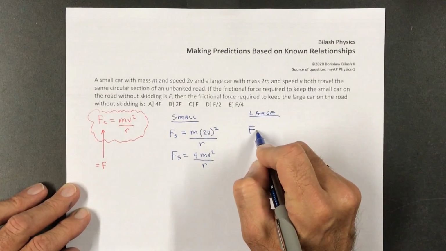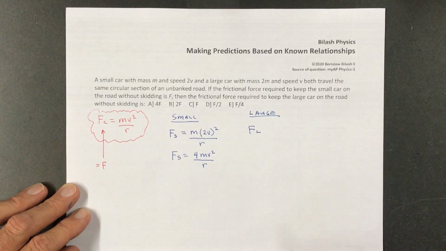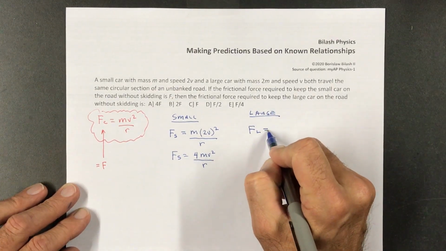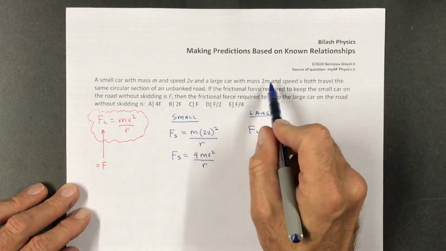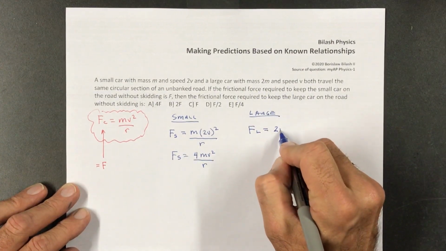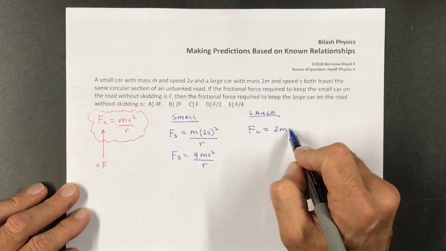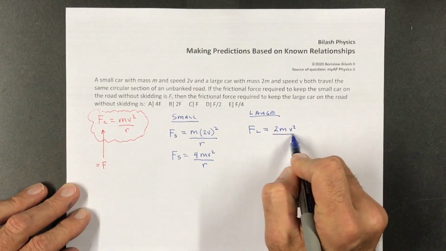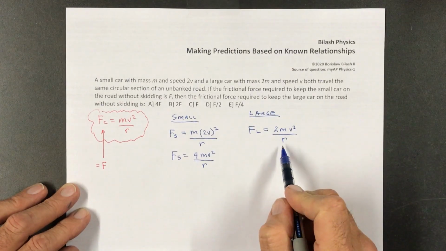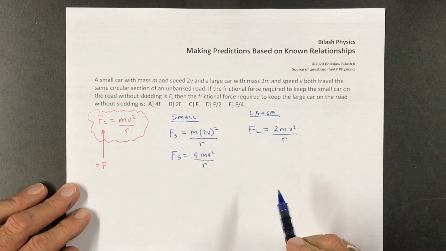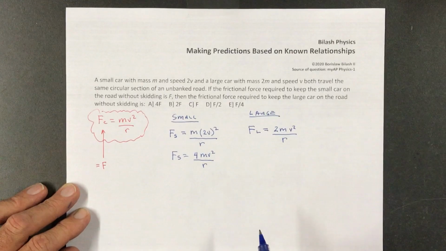The force required to keep the large car moving in a circle is going to be equal to its mass, which is 2m, times its velocity squared, its velocity is v, so that's just v squared, divided by the radius, and again, the radius is the same in both cases. So here, nothing to simplify.